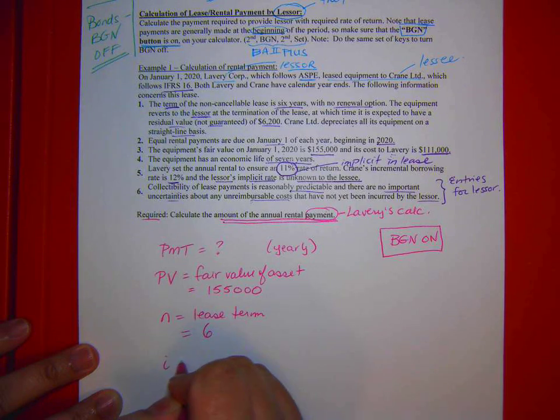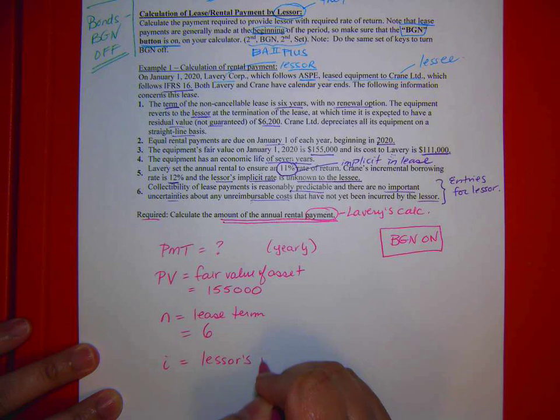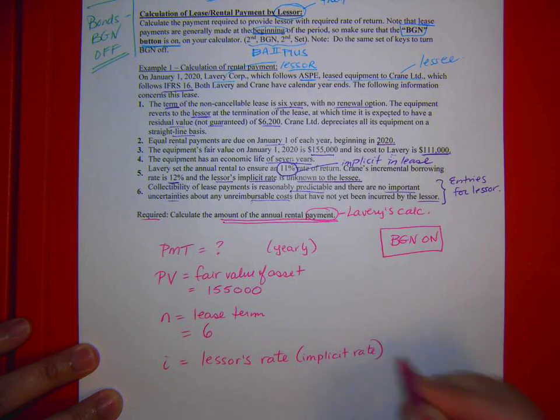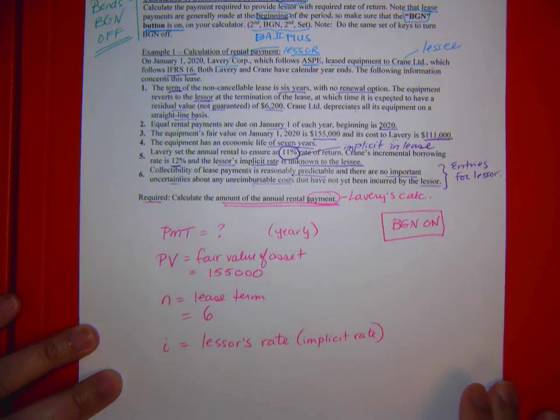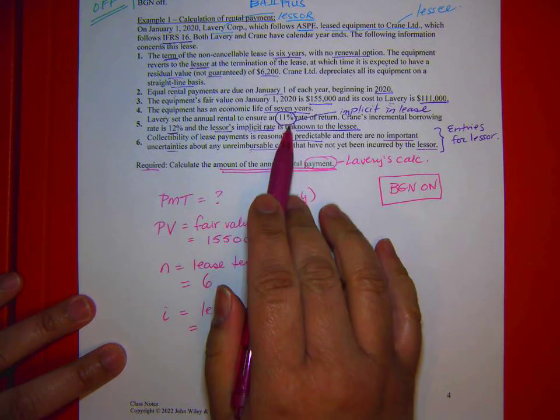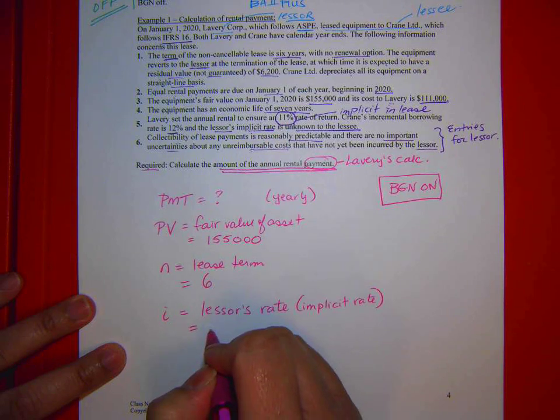We have I, and that's going to be the lessor's rate, or the rate implicit in the lease, because they're the one deciding. So we said that was up here in point number 5, it's going to be 11%.